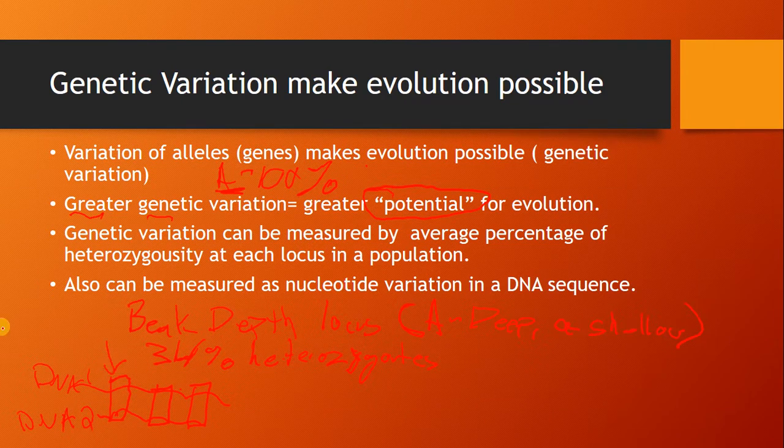This isn't always very reliable, because those differences could be in introns, where they don't even matter, and they get spliced out. Maybe those variations are silent. They are a point mutation that codes for the same amino acid and doesn't change the phenotype. Or maybe they're just in a regulator region where they don't affect the expression of that gene at all. But the most important thing is that genetic variation is the source, the fuel for evolution.